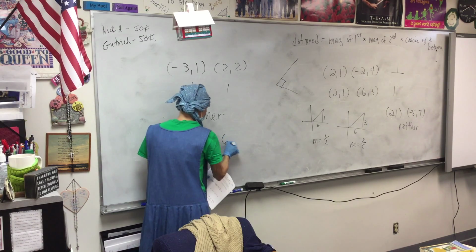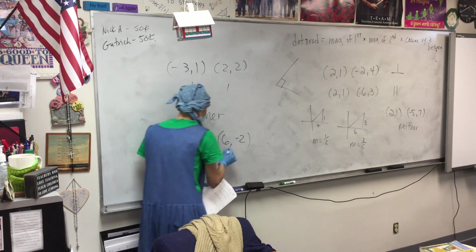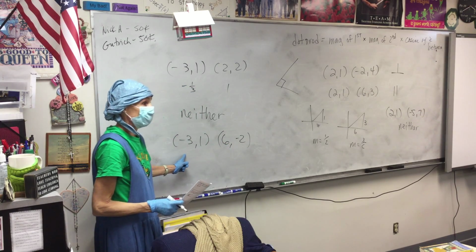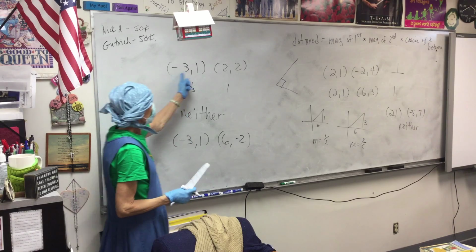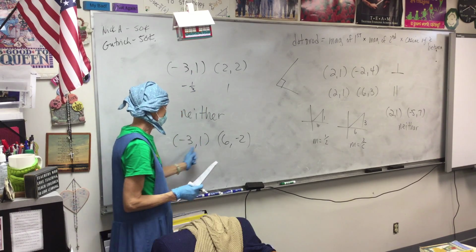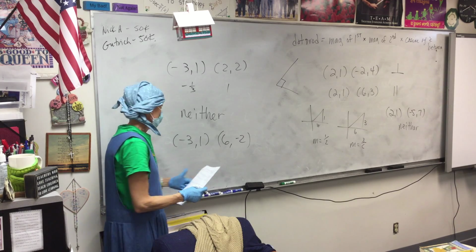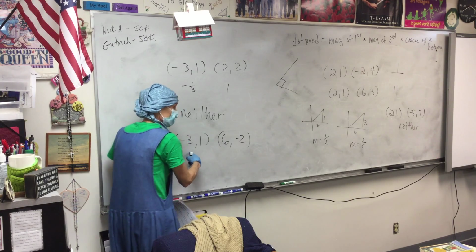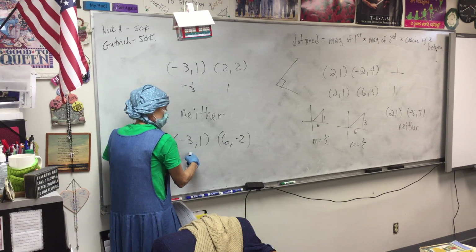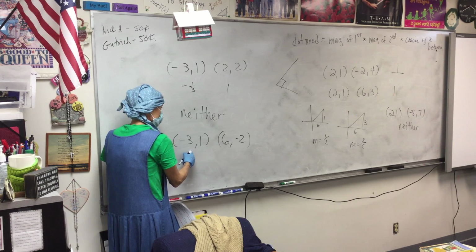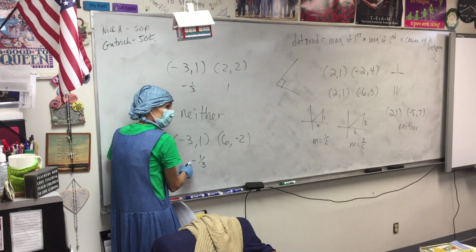-3, 1 and 6, -2. Now these numbers look a little bit related to me. They're not totally separate like these. I got 3s and 6s and 1s and 2s. What's the slope here? Back 3, up 1. What would the slope be? -1/3?